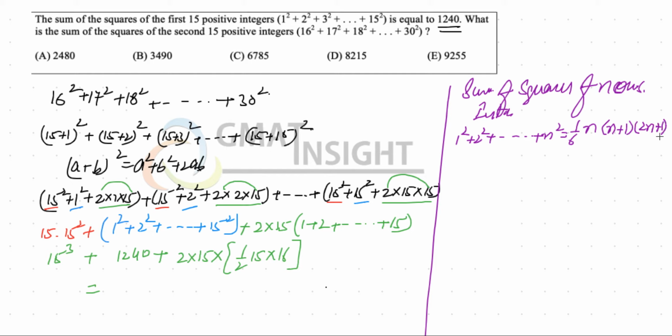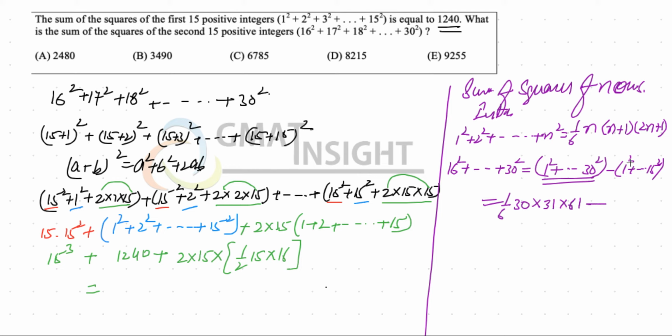If we knew this property, we could simply have written that the sum of 16 square to 30 square can be written as the sum of 1 square to 30 square minus the sum of 1 square to 15 square, where to find out the first sum we can use the property, which is 1 over 6 times 30 times 31 times 61, minus the sum of 1 square to 15 square, which we have already been given, which is 1240.